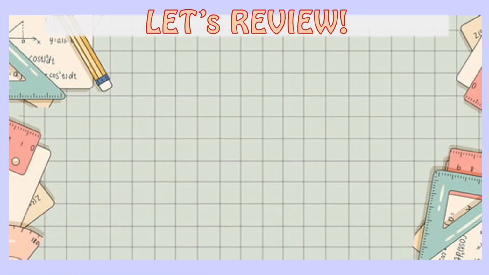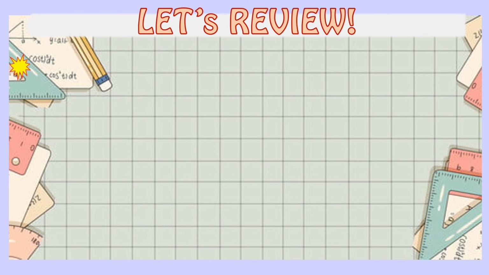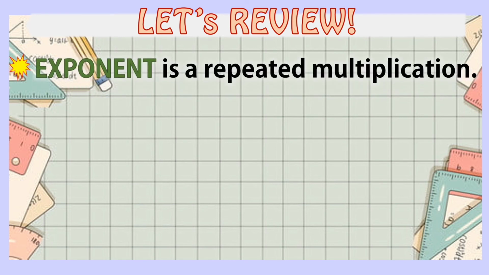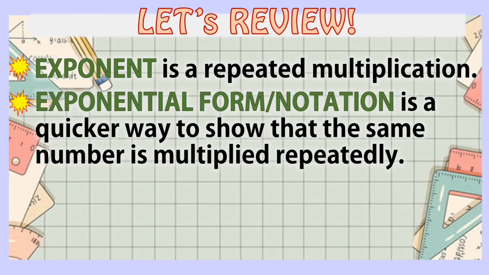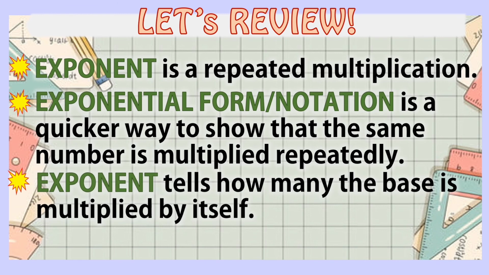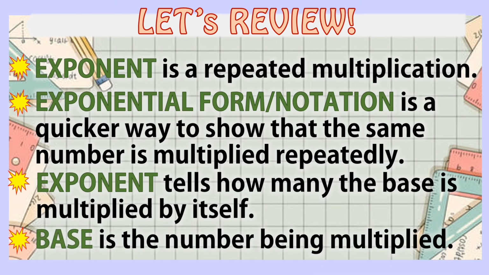Now let's review. Exponent is a repeated multiplication. Exponential form or notation is a quicker way to show that the same number is multiplied repeatedly. Exponent tells how many times the base is multiplied by itself, while the base is the number being multiplied.